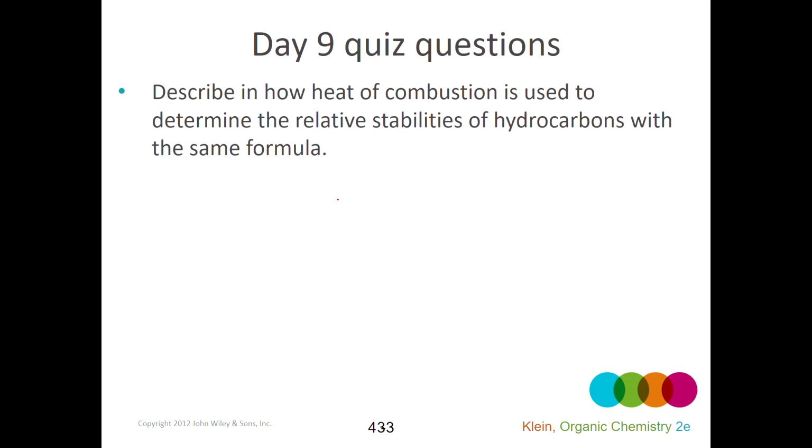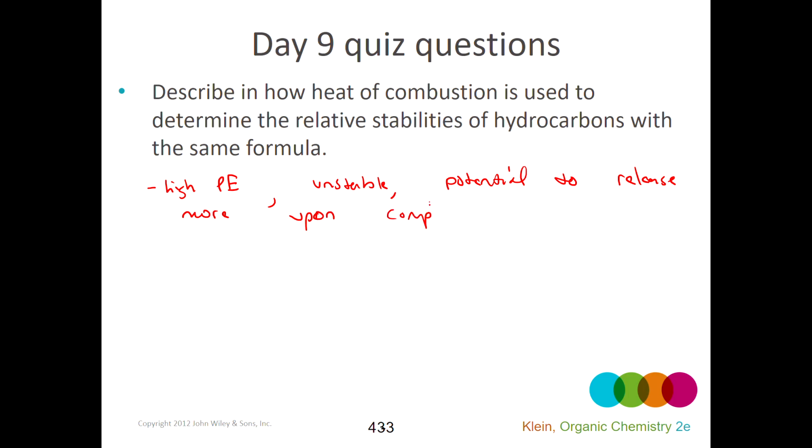Right, so we know that if something has a high potential energy due to being unstable, it has the potential to release more energy upon combustion. If something's unstable, it's got the potential for change.